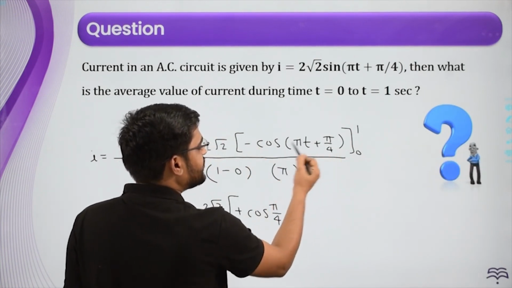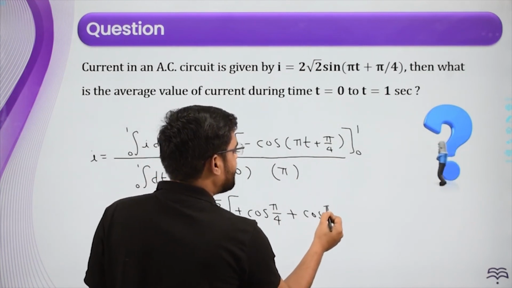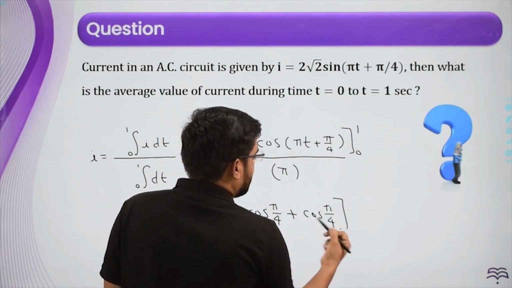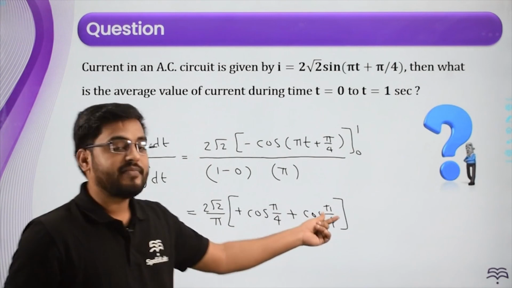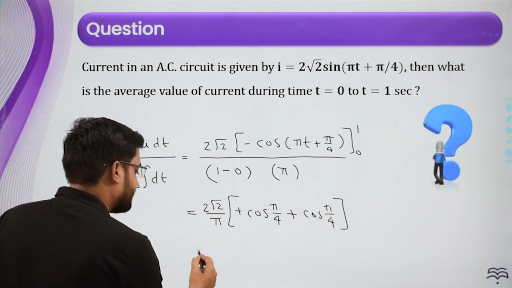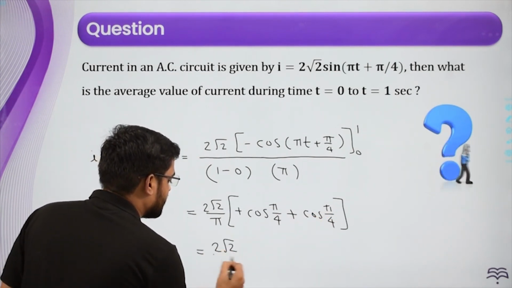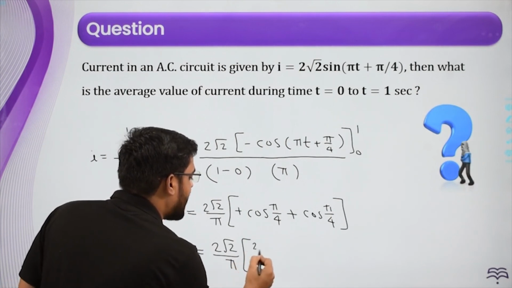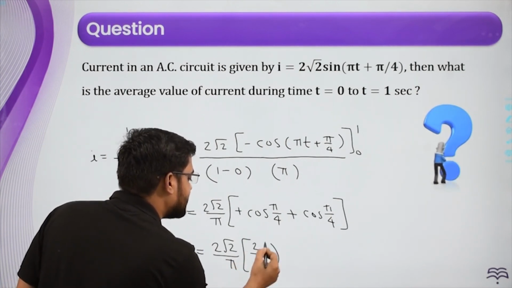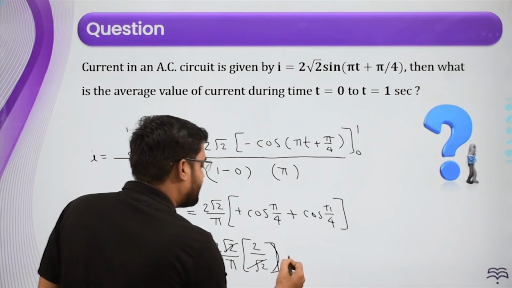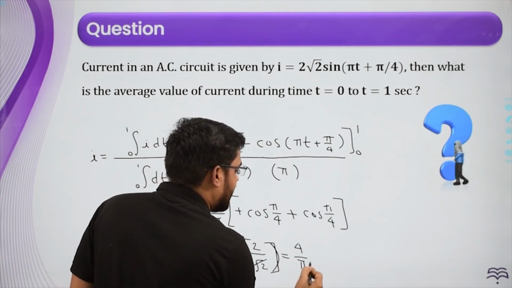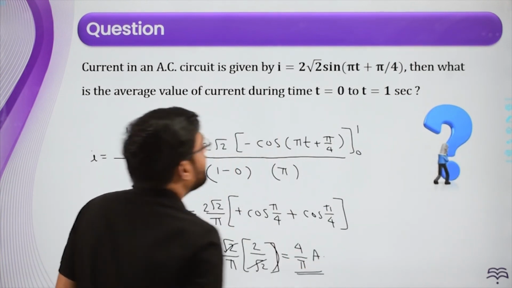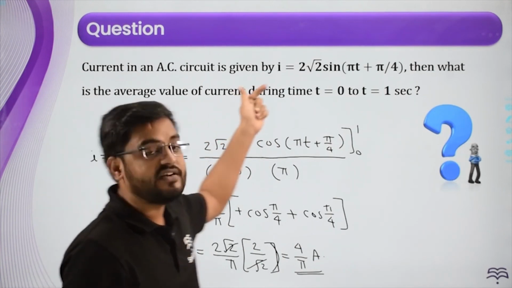And I'll put 0, so I'll get plus cos pi by 4. How much is cos pi by 4? That is 1 by root 2, plus 1 by root 2. 2 by root 2 we are getting. Root 2 will cancel out and we'll get 4 by pi ampere. So that's the average current for this duration.